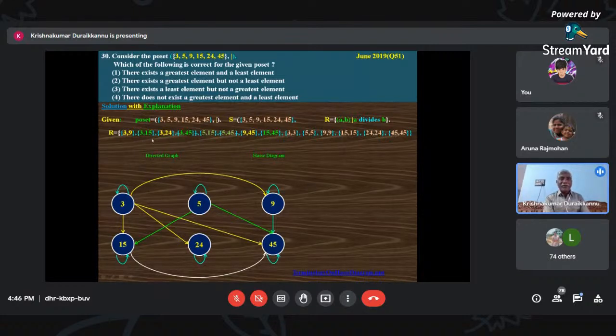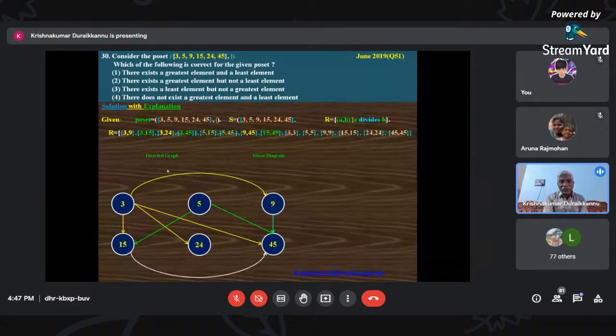That means if (A, B) and (B, C) are there, there is no edge in the Hasse diagram between A and C. First of all, the reflexive elements should be eliminated: (3, 3), (5, 5), (9, 9), and so on.